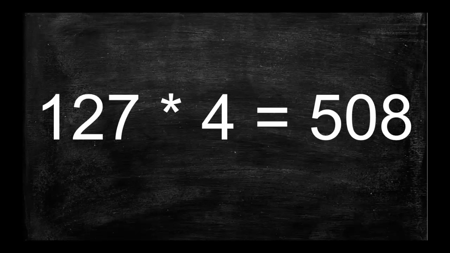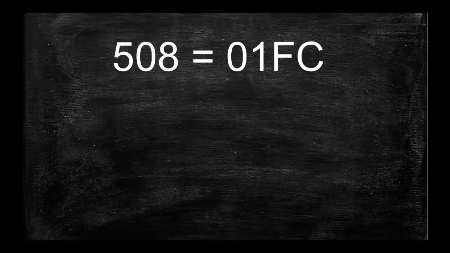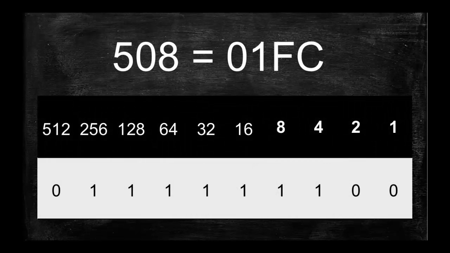Now we need to convert this decimal value to hex. This is hex 01FC, and it's a 16-bit number, as we see right here. If you recall, this matches our 16-bit left shifted value that we looked at before. There it is, converted into binary.